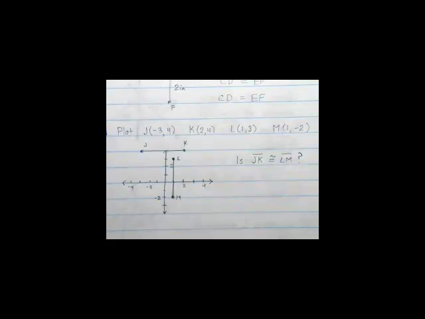So, how can we do that? If they are congruent, what should be true? Should be the same length. Can we figure out if they're the same length when they're on a coordinate plane like that? Certainly. Okay. So, JK. How long is JK? Yeah. 5.